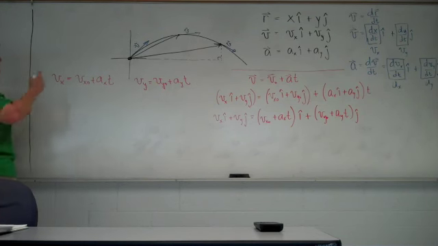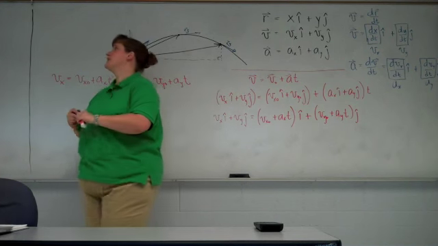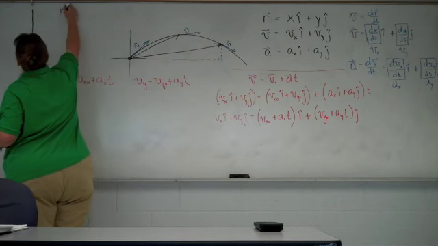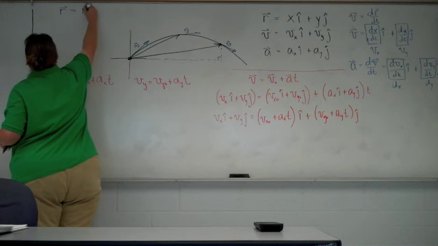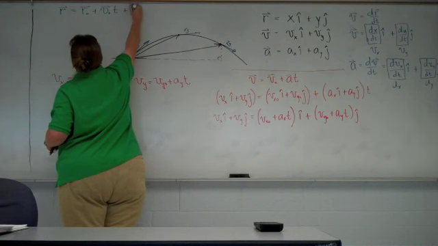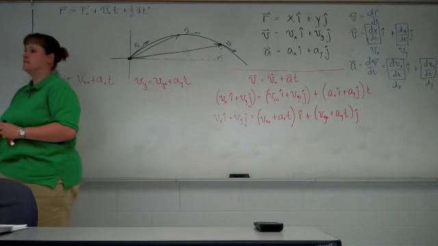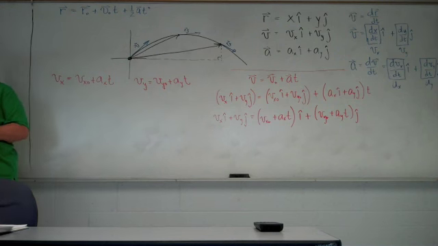Okay. If we integrate our velocity function, we'll get a position function. That looks just like the kinematic equation we've already used. Using r in this case to represent that it has both an x and a y component.